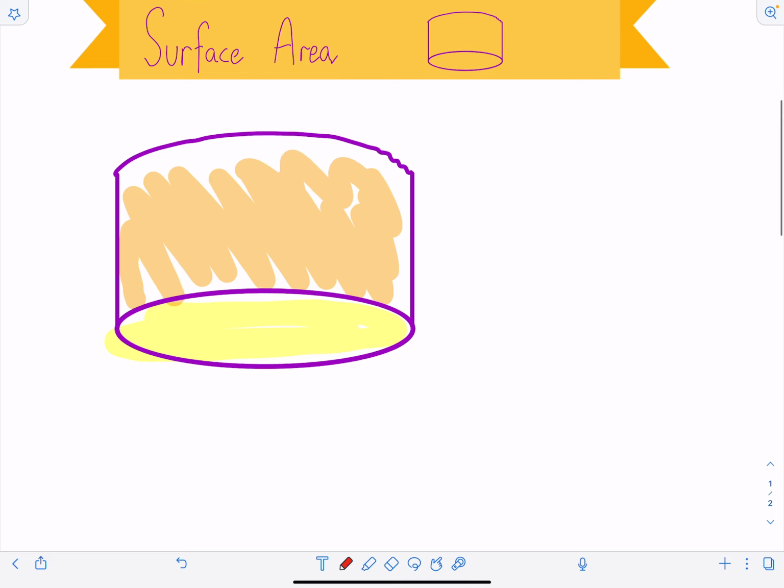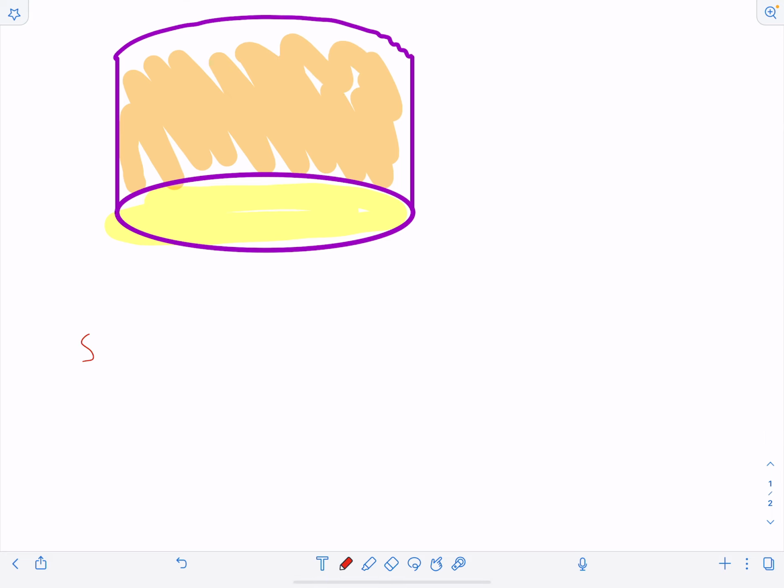So the surface area will be two circles plus a rectangle.